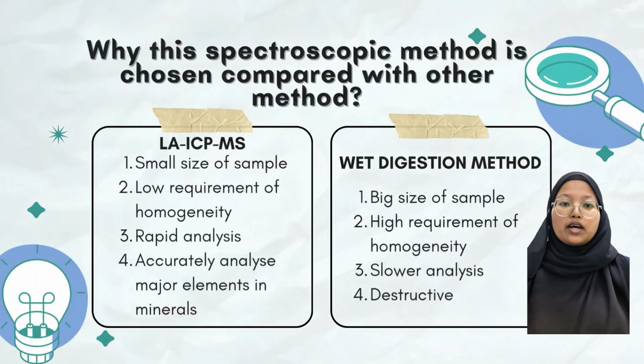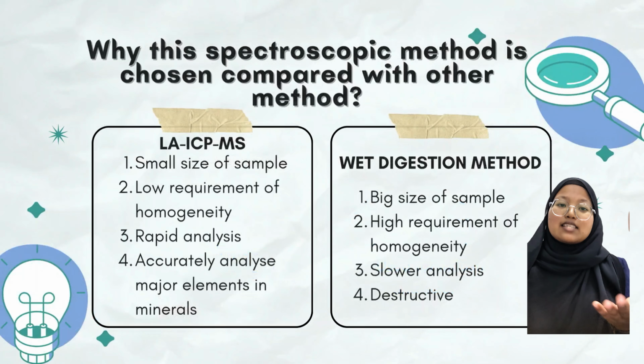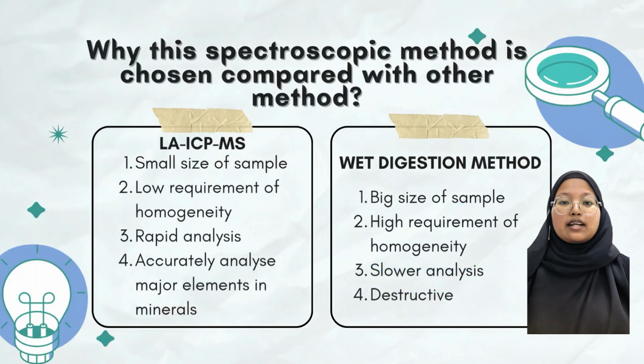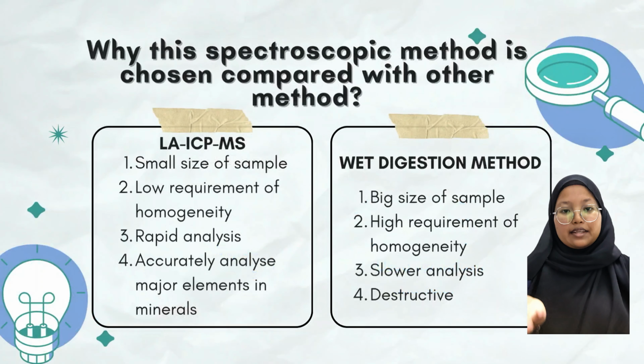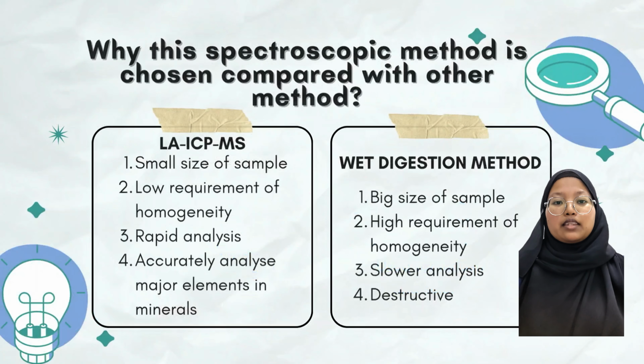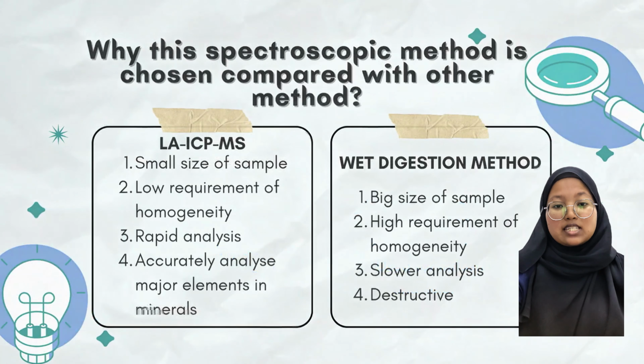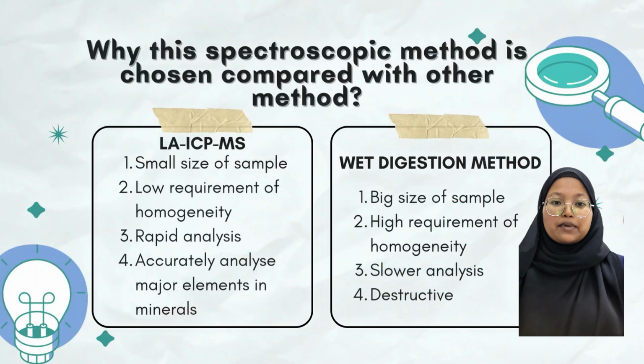LA-ICP-MS has low requirement of homogeneity, while the wet digestion method is vice versa. Besides, LA-ICP-MS produces a rapid analysis and accurately analyzes major elements in minerals, while on the other hand, the wet digestion method produces slower analysis and is destructive, which can be crucial if we only have a small amount of sample.